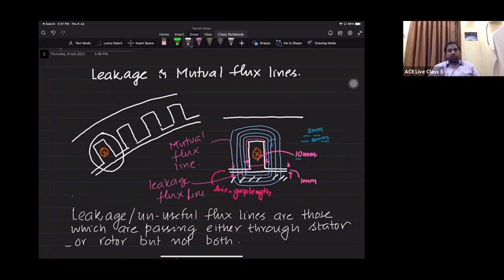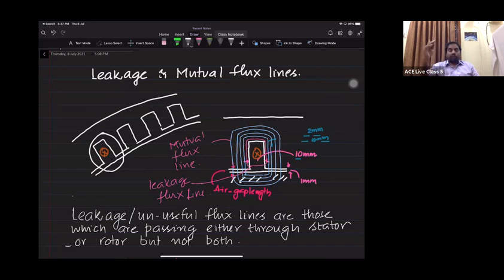If you take that example, if they want to travel via the stator core or the stator slots, what is the length of air they need to travel along that path? 10 mm, for example. If they want to cross the air gap and complete via the rotor core, they need to travel 2 mm.